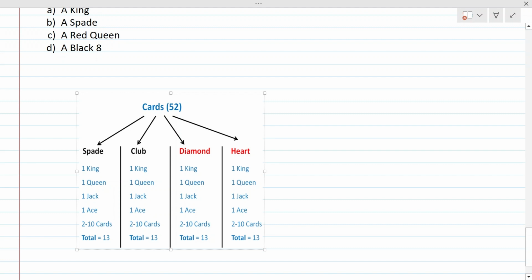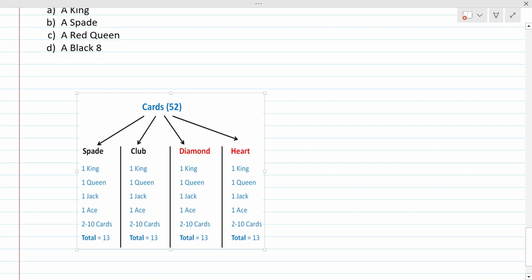See, we have 52 playing cards and in that two sets, we call it suit, S-U-I-T, suit. So two suits are black and two suits are red, and the black suits are spade and club and the red suits are diamond and heart, and we have 13 cards in each suit. So totally 4 suits, so totally 52 cards.